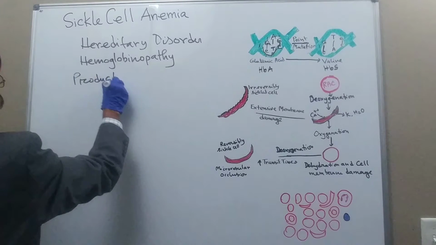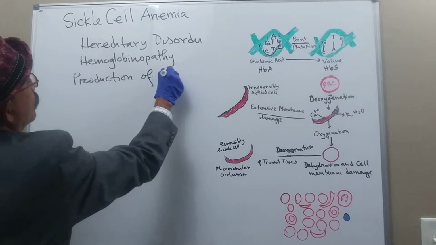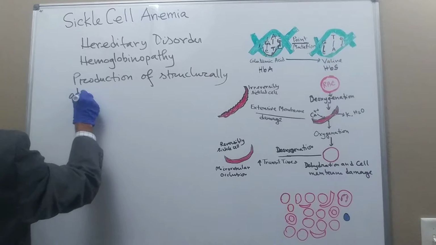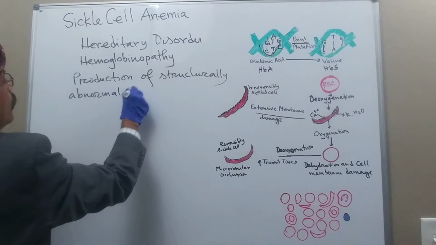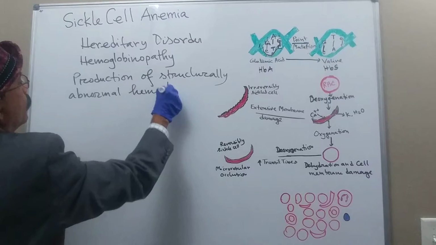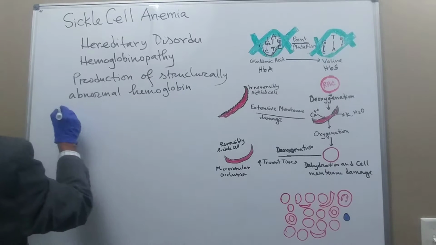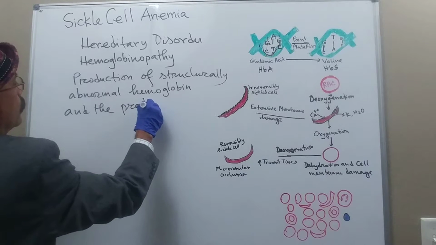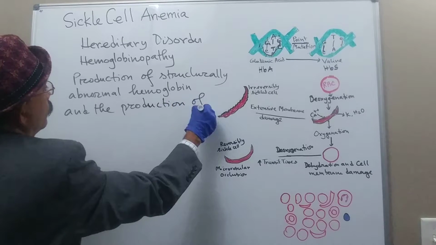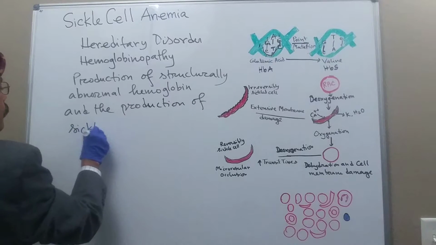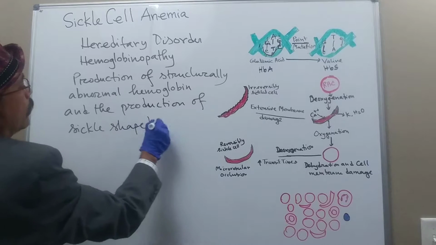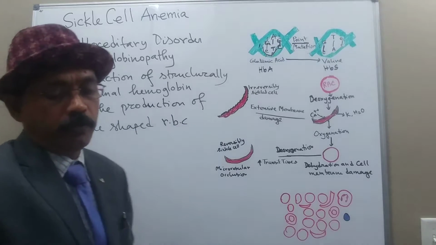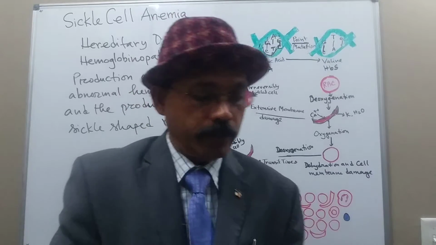There is production of structurally abnormal hemoglobin, and the production of sickle shaped RBC, or red blood cell, or erythrocyte. So this is the hereditary disorder.